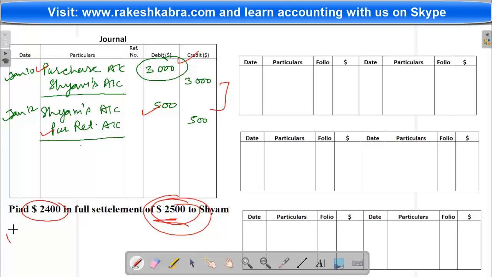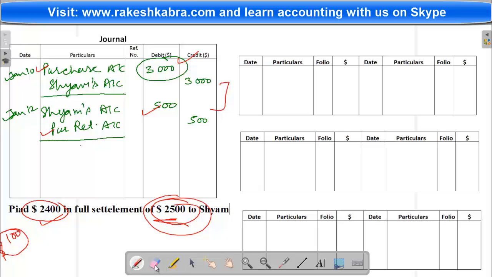How much less we are paying him? $100. Yes. And so this is our income, because we are paying him less. We have to pay $2,500, but we are paying only $2,400. So we are paying $100 less. So this is our income actually. Why income? Because we are paying less. So that's why it is income to our business.